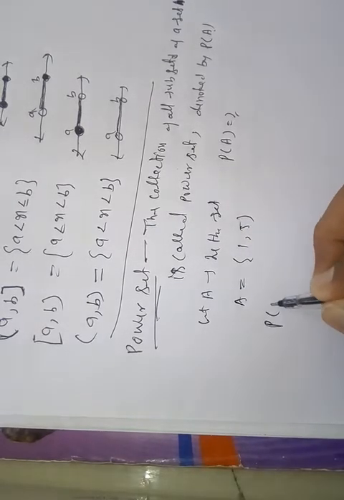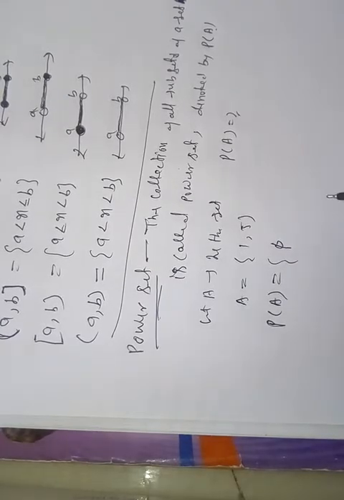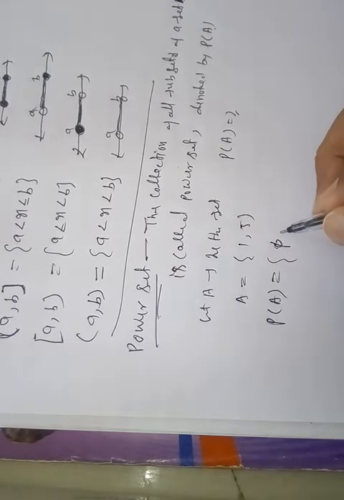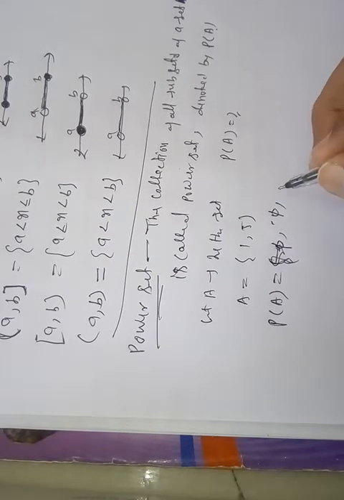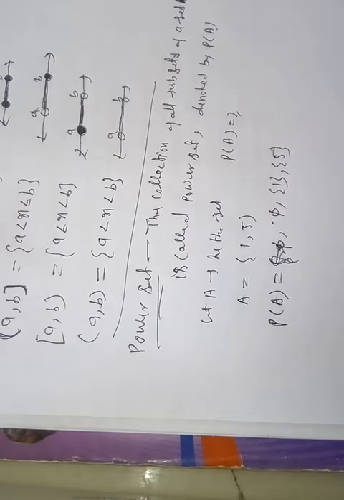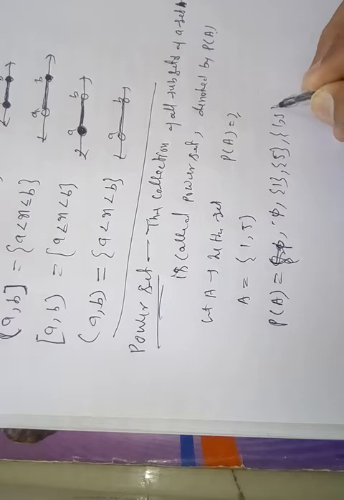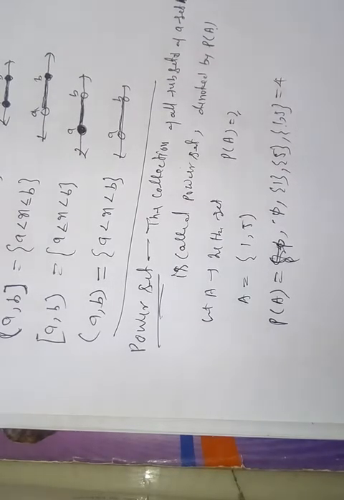The power set P(A) is: the null set, which is compulsory in every set's subsets. Then {1}, then {5}, and {1, 5}. Total 1, 2, 3, 4, so total 4 elements in the power set. Clear?